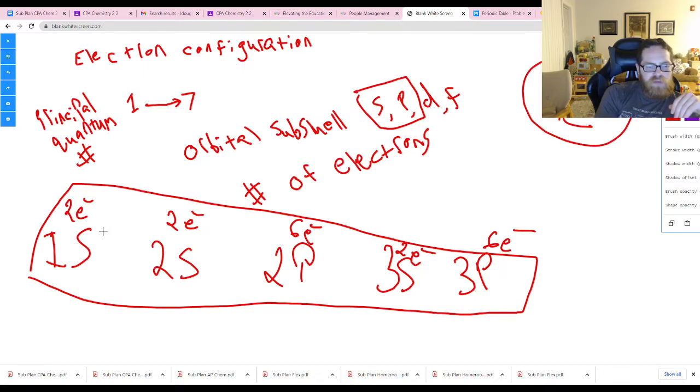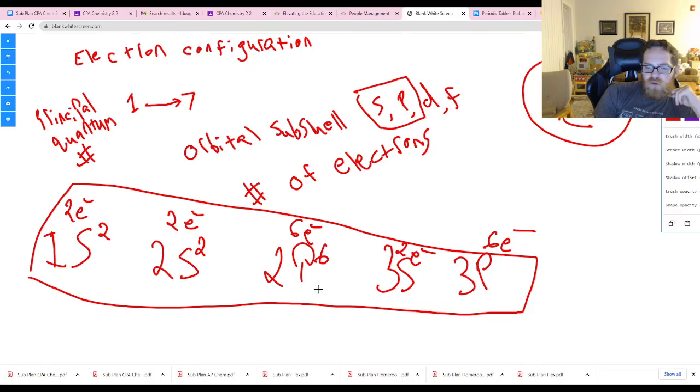So let's start off by putting 2 in here, 1s2. That's where the first 2 go. We're down to 12. The next 2 go in 2s. Now we're down to 10. The next 6 electrons will go in 2p, 2p6.